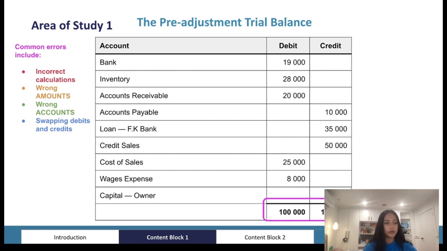Another common mistake is using the wrong accounts, for example, if someone accidentally debits accounts payable instead of debiting accounts receivable, or other examples of mistakes that people make. The last common mistake is swapping the debit and credit. For example, you debited accounts receivable and credited bank instead of crediting accounts receivable and debiting bank.